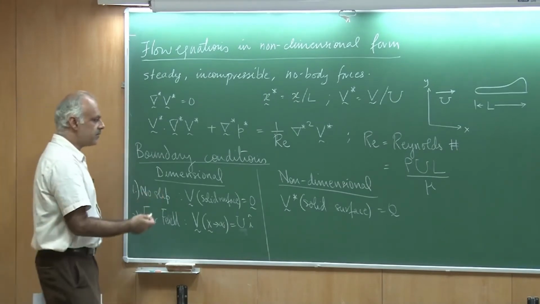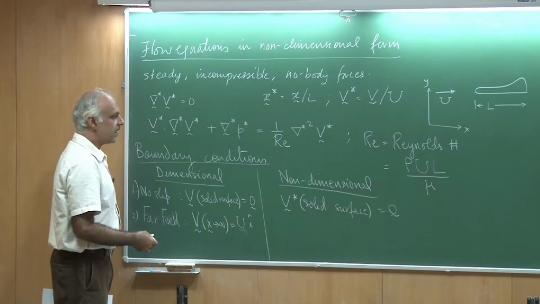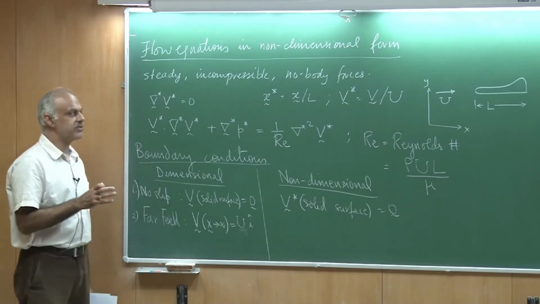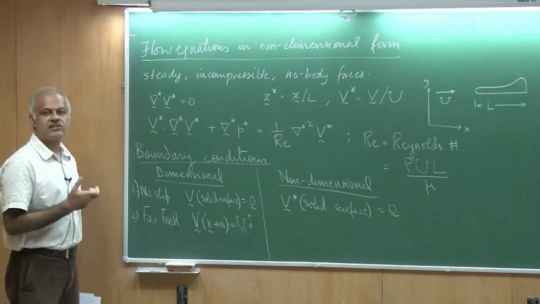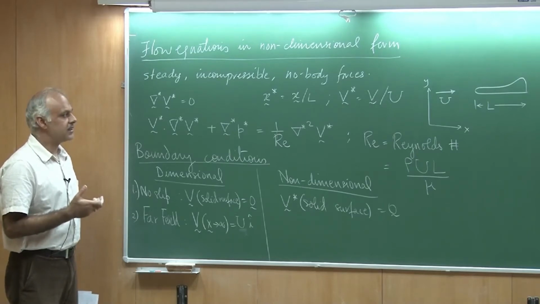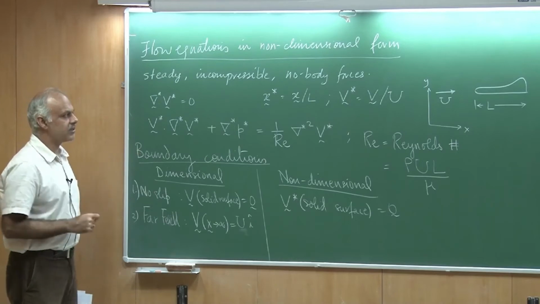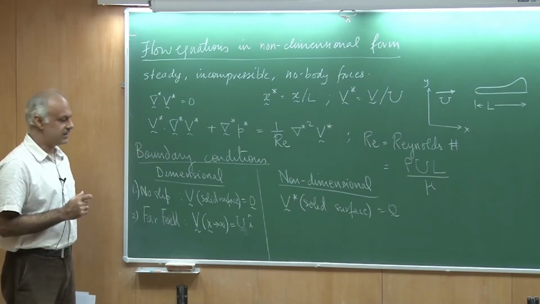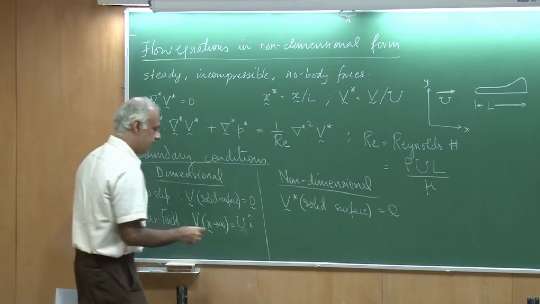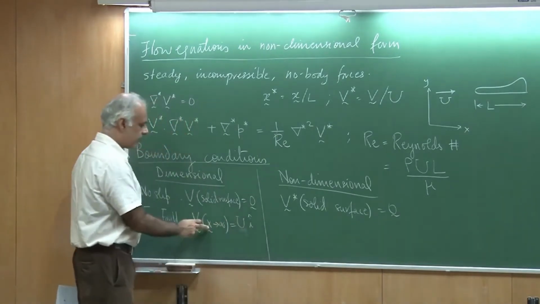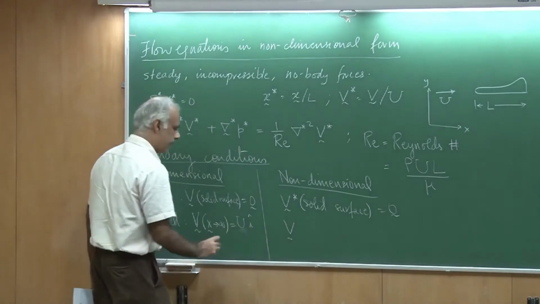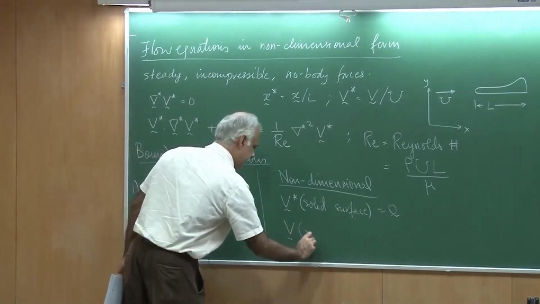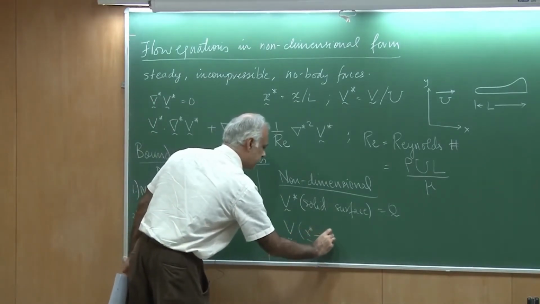What happens in the non-dimensional? So again, my length of the aircraft in the non-dimensional coordinate system is actually 1. X star, if I look at the length of the aircraft in terms of x star, then the length would be 1. But if I look at far away, then I still have the x star tending to infinity.